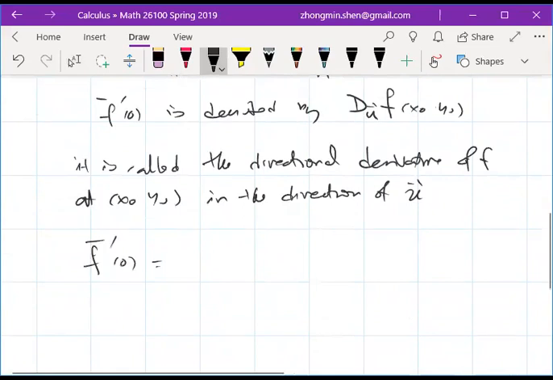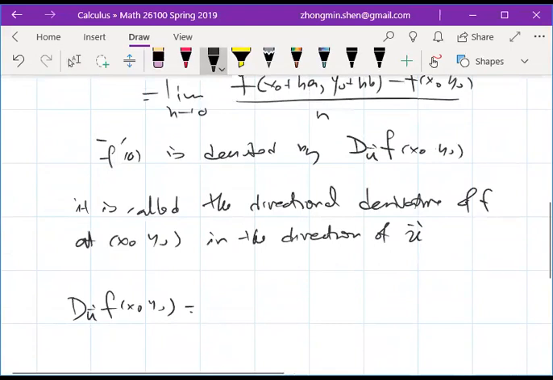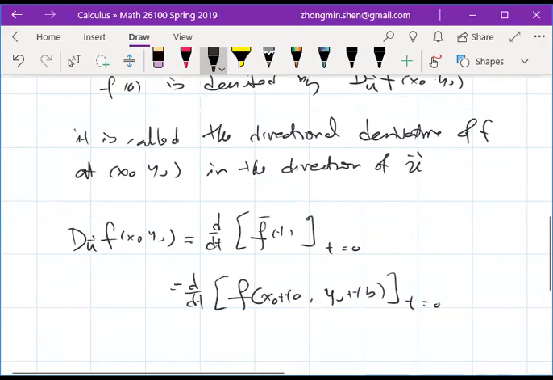This is D sub u of f, the derivative of f bar of t at t equals 0, where f bar is f of (x naught plus ta, y naught plus tb), when t equals 0.